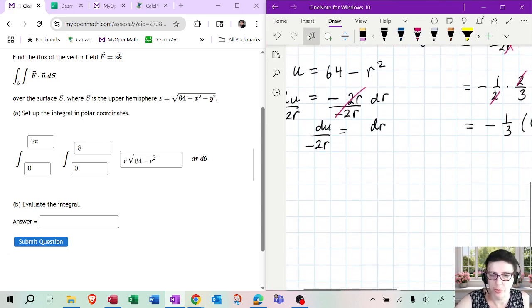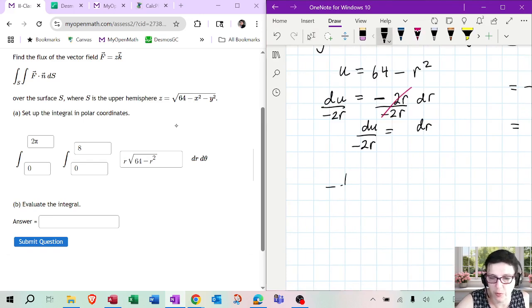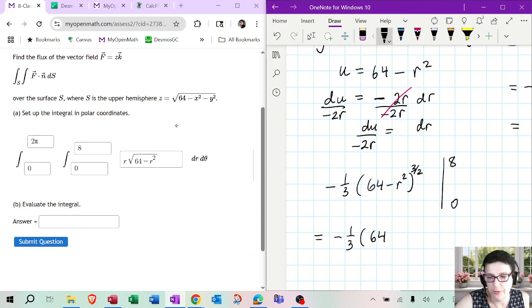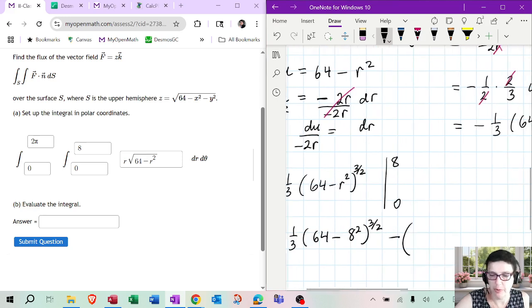So let's go ahead and do that. So I got negative 1/3, then I got 64 minus r squared to the power 3/2, and I need to substitute 0 and 8. Okay, so first I substitute 8. Remember, the top limit is first. So that is going to become 64 minus 8 squared, 3/2. Then I'm substituting the bottom limit, but I'm subtracting.